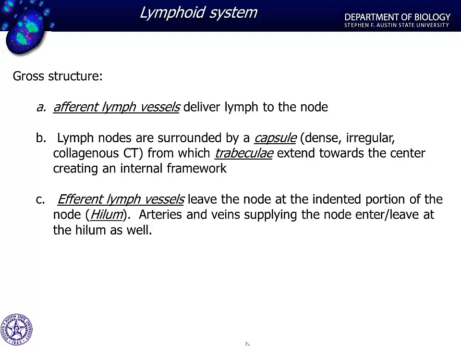So with a lymph node, we are going to bring fluid, and remember, this is not part of our circulatory system, this is the lymphatic system, but we're going to bring fluid to the node, and this is going to be in our afferent lymphatic vessels, A for arriving to the vessel. These lymphatic vessels are going to penetrate the capsule and empty this material into the cortex of our lymph node, and this cortex is largely going to be subdivided into segments by connective tissue trabeculae.